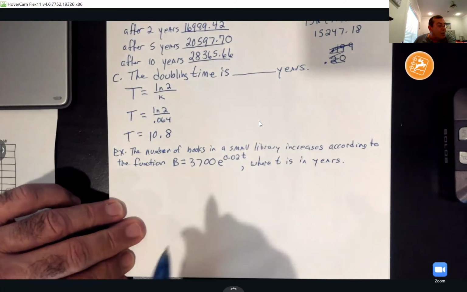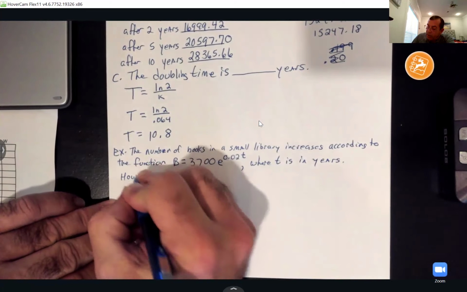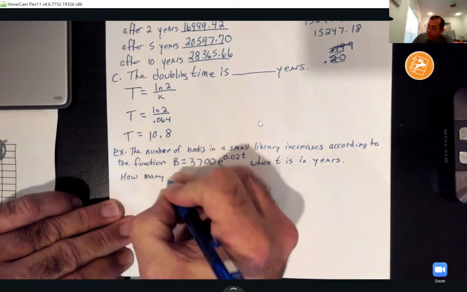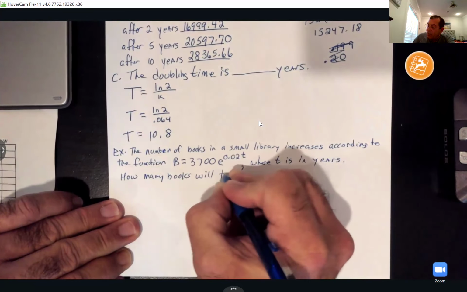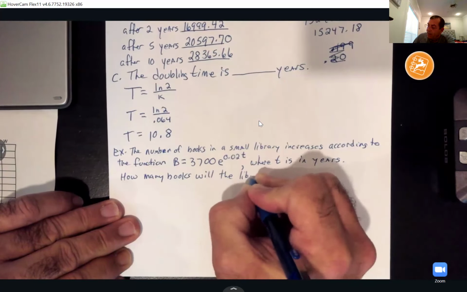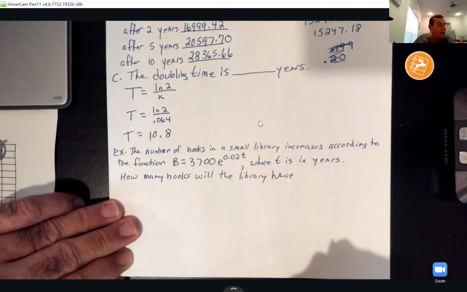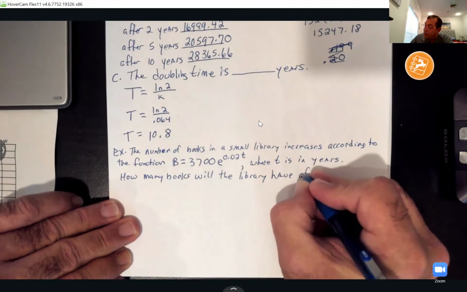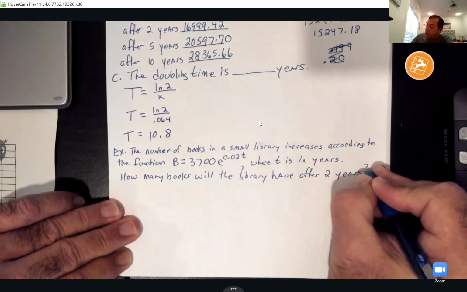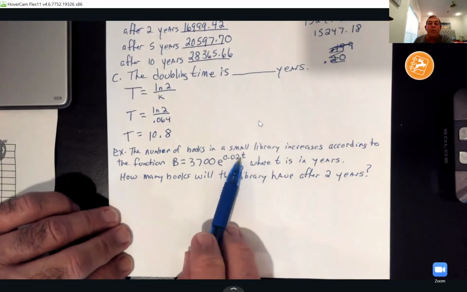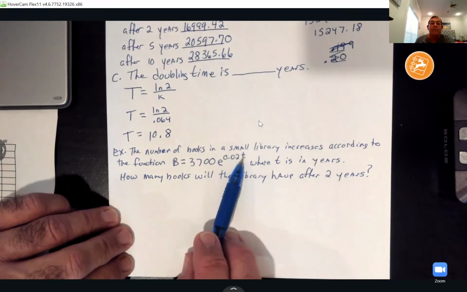They want to know how many books the library will have after 2 years. So you're using the same formula. All you're doing is putting a 2 in for the T since it's 2 years, okay?